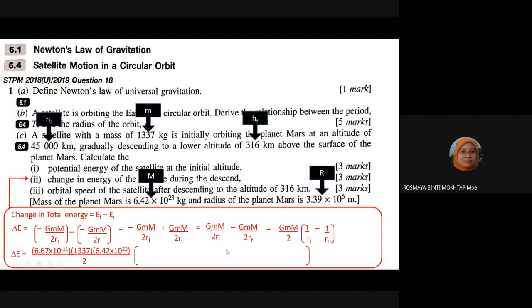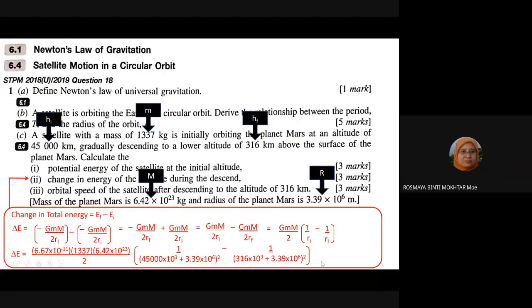Don't forget the r must include the altitude plus the radius. So the initial altitude is 45,000 kilometer, convert to meter, plus the radius of the planet. For rf also do the same: the second altitude, convert to meter, plus the radius of the planet. So always be careful, radius is measured from the center of the planet.